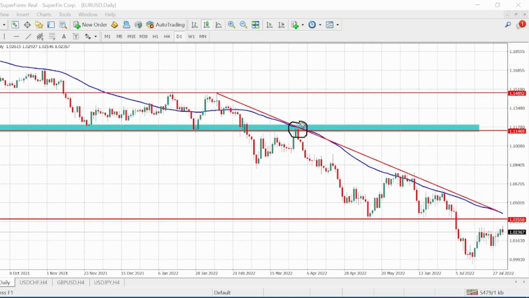This could be our entry trigger because the EMA coincides with this trend line and resistance level that was previously support here.